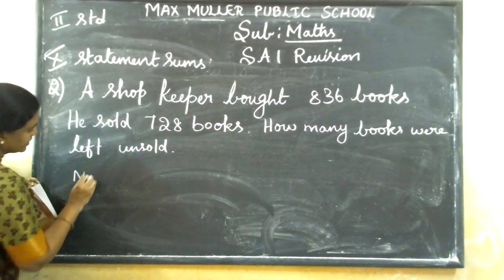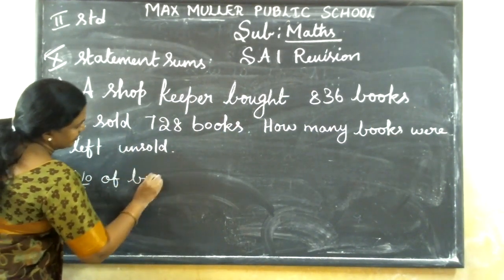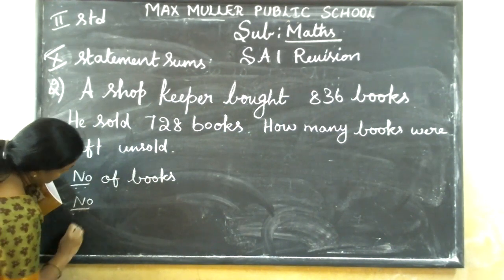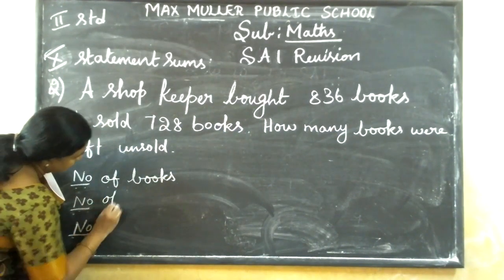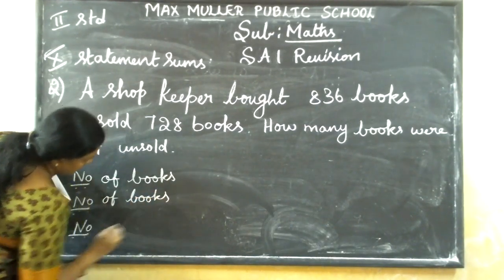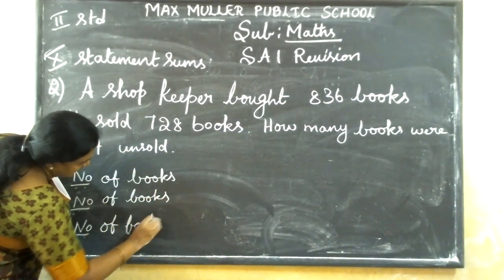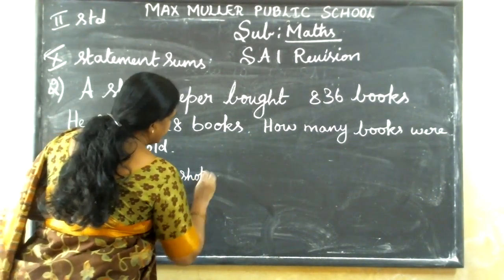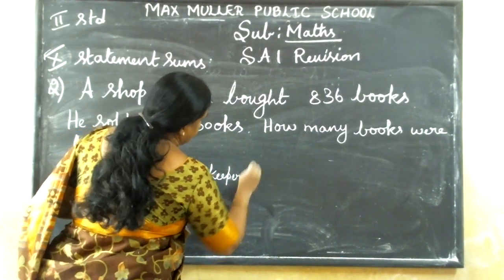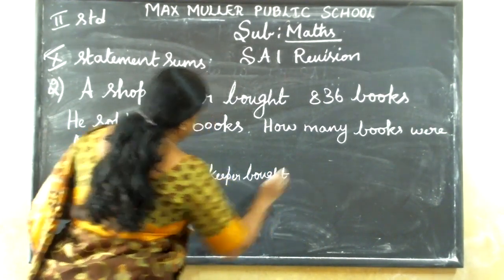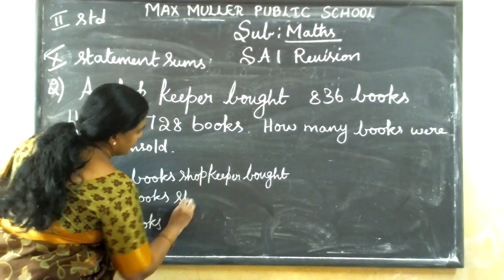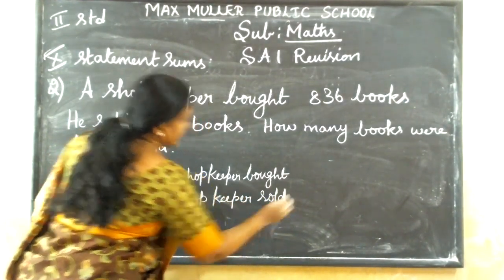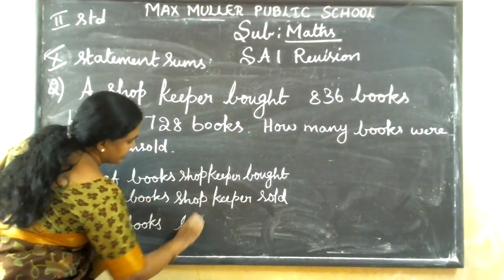Unsold number of books. Number of books shopkeeper bought. Shopkeeper sold. Left unsold.